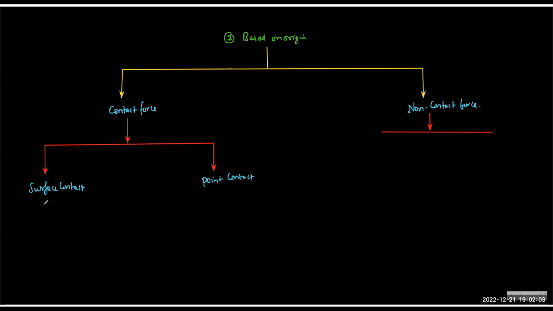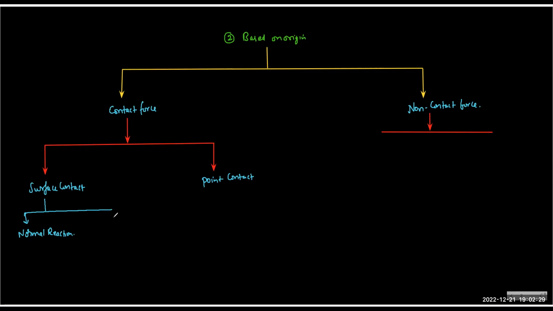The surface contact will have various categories. So we have a category called normal reaction. It is called normal because this force is always normal to the surface which you make contact with.